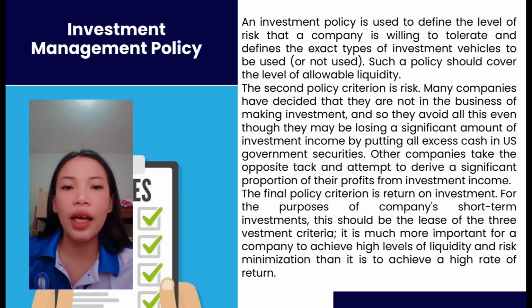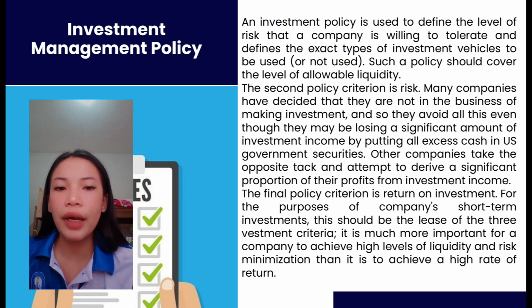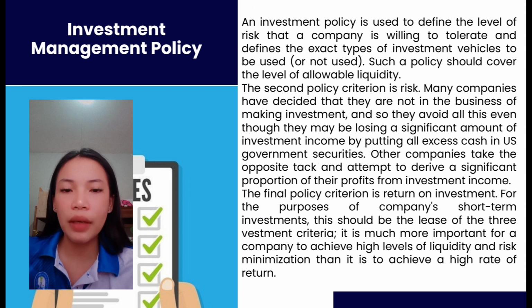Regardless of the approach, it's important for a company to clearly define the types of investment it can use. This helps the person in charge of the company's money, or the treasurer, stay focused on specific investment choices instead of considering a wide range of options.